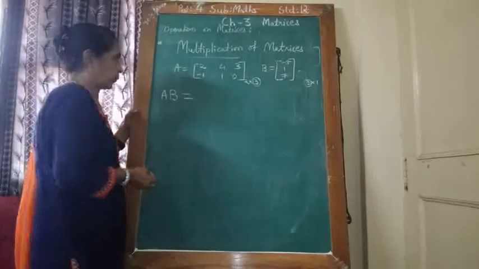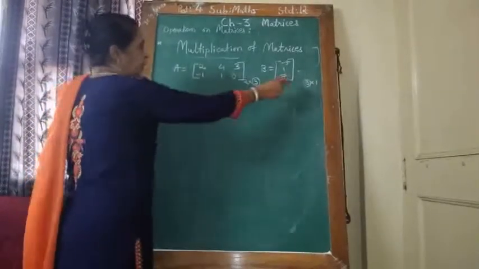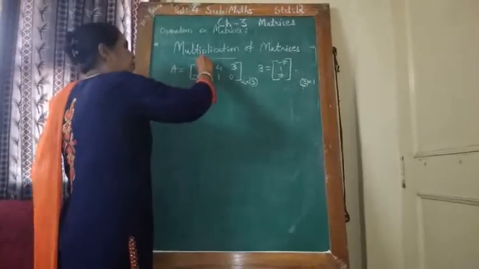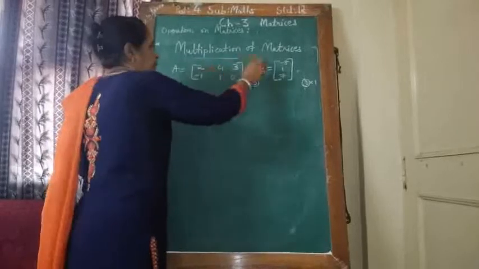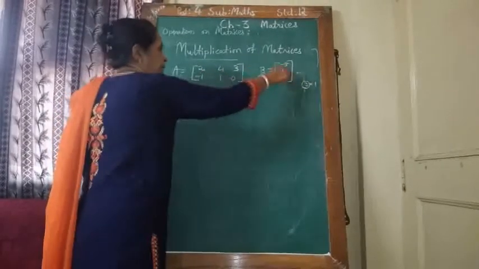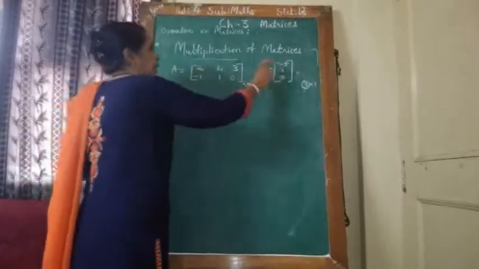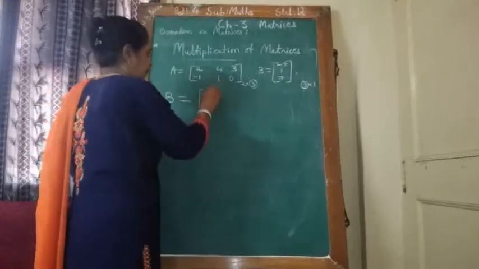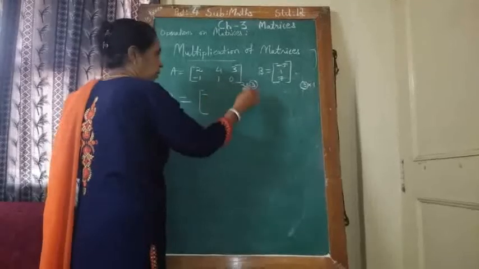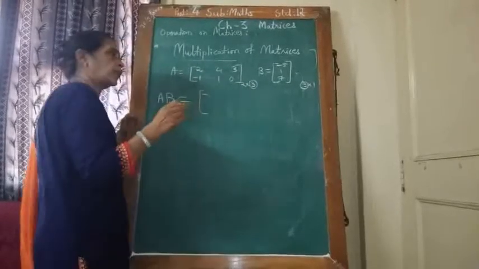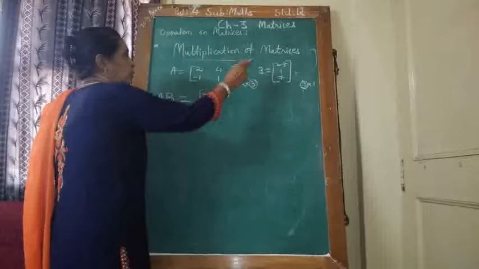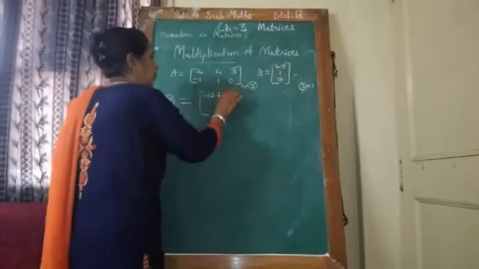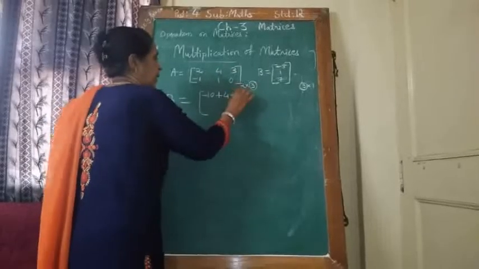AB is equal to... So what is the rule? First you check this way. After that you have to do multiplication of corresponding elements. First row multiplied by first column. So 2 into minus 5 is minus 10, plus 4 into 1 is 4, plus 3 into 7 is 21.